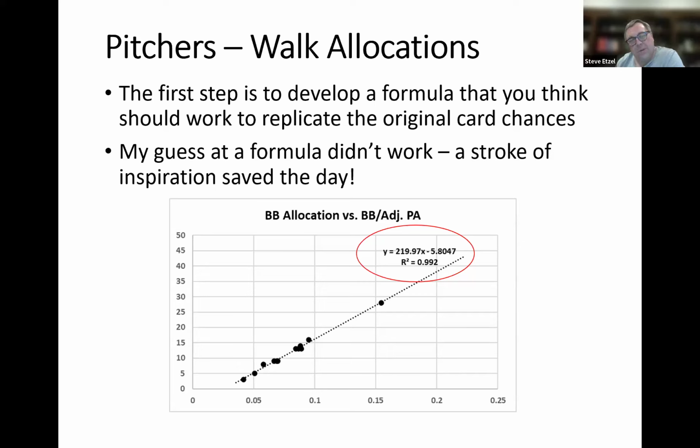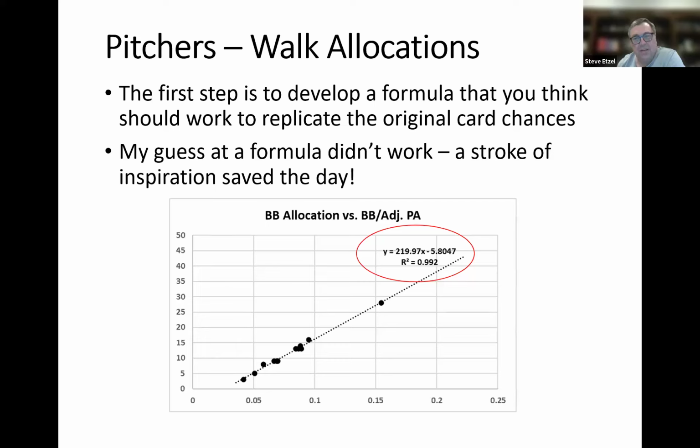And so what I ended up doing is I said, okay, let's see if there's a correlation between the walk chances on the pitcher card and their walk rate, if you will, which is unintentional walks divided by plate appearances, or what I call adjusted plate appearances. And sure enough, I took a sampling of cards.